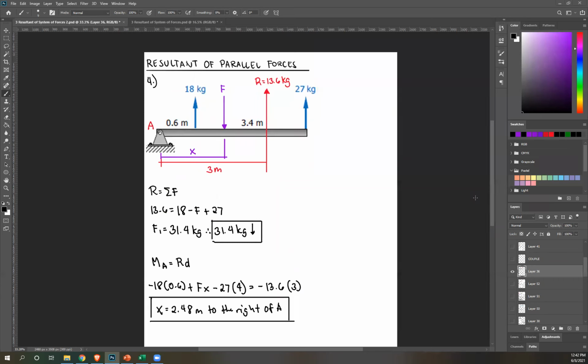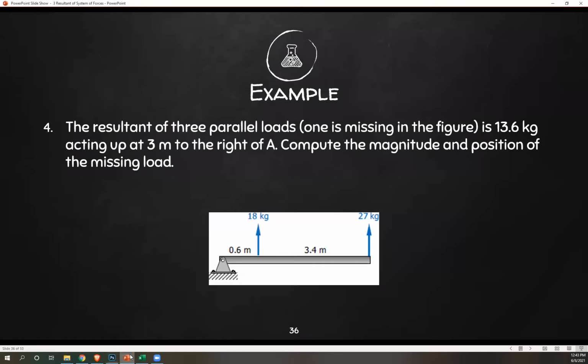Please answer in the chat. Okay, good. And that ends our discussion for resultant of parallel forces.